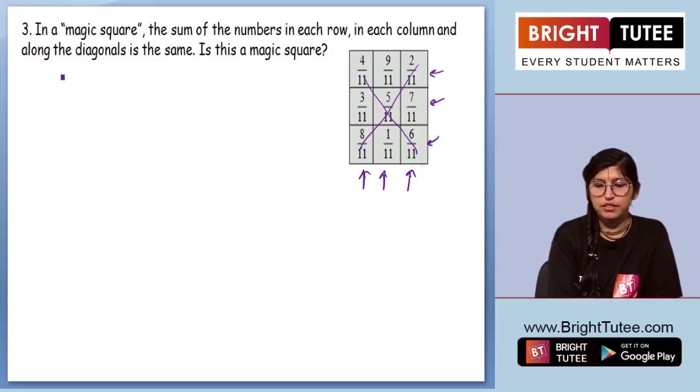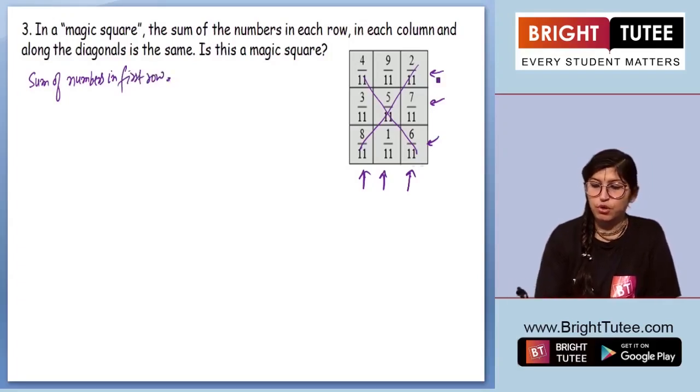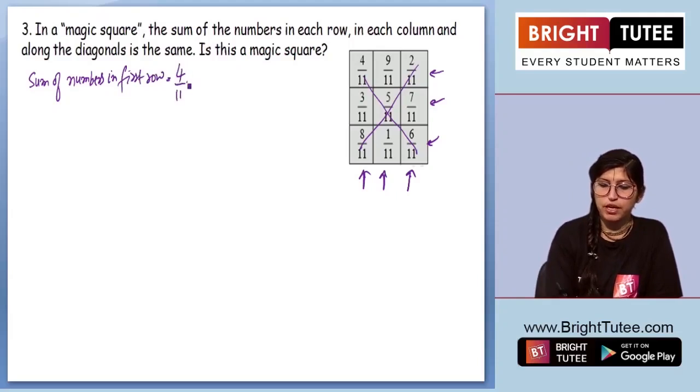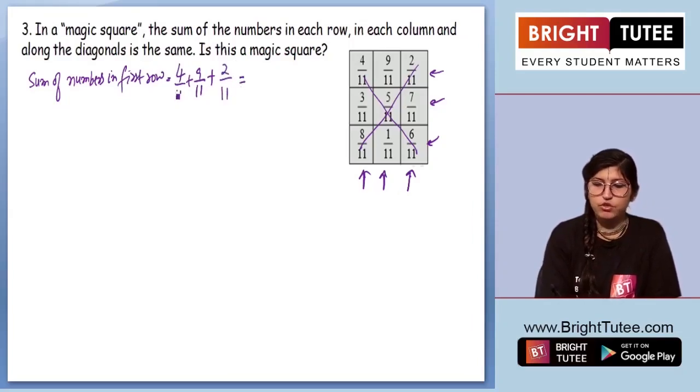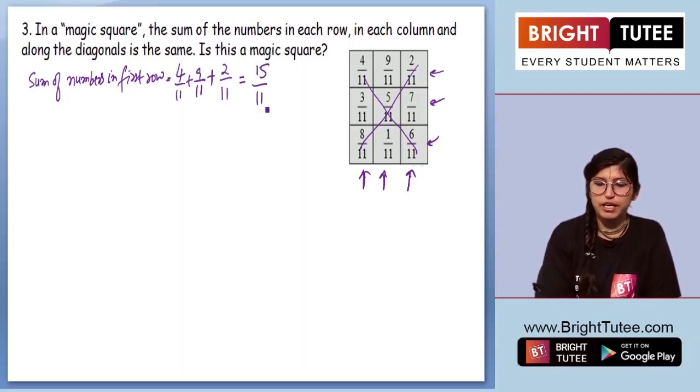We'll write sum of numbers in first row. So first, we are getting 4 by 11 plus 9 by 11 plus 2 by 11. Since they all are like fractions, we'll be adding 4, 9 and 2. So we'll be getting 15 by 11.